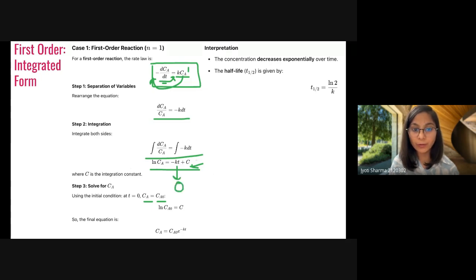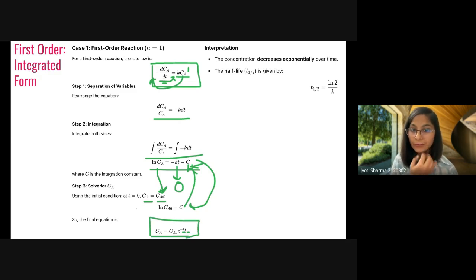From this we get that the natural log of CA0 is equal to C. And if we put this again in this equation, then the concentration of the reactant is equal to the initial concentration of the reactant, e, minus K, this is the constant, and this is the time. Okay, so this is your final equation.